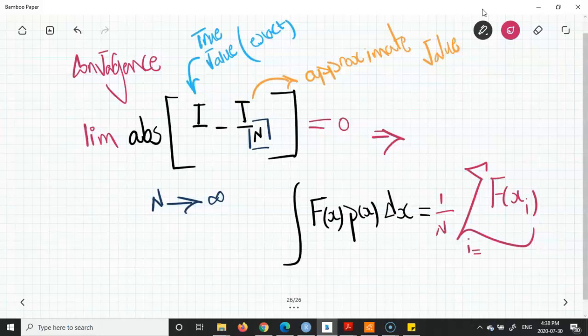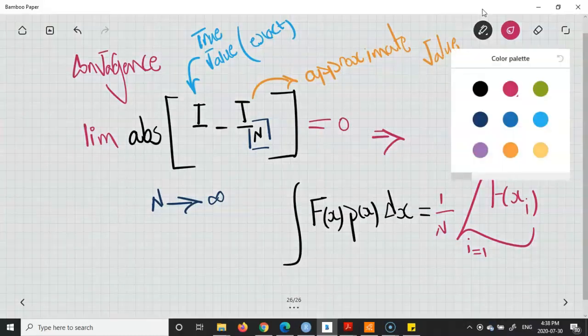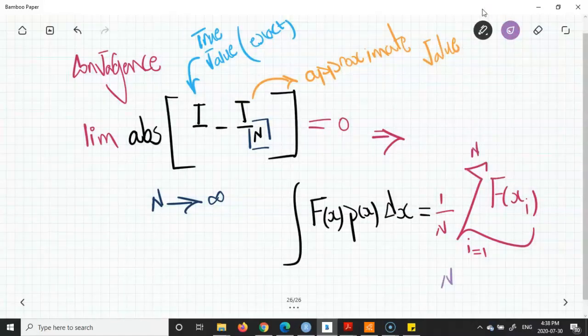They go from 1 to n. However, they can be equal as long as they have this crucial restriction that n should go to infinity. Then that's going to hold true.